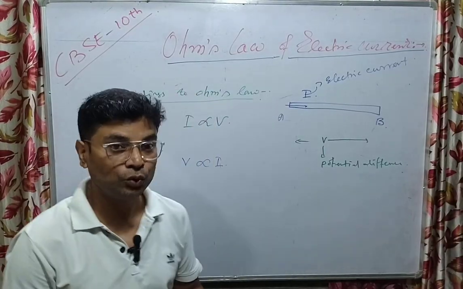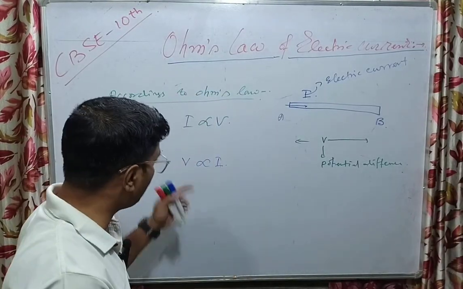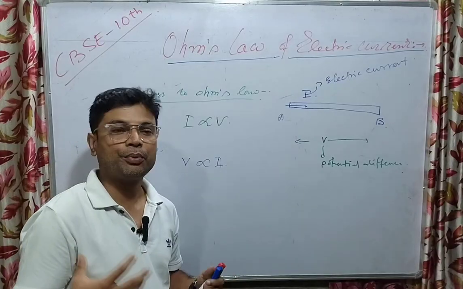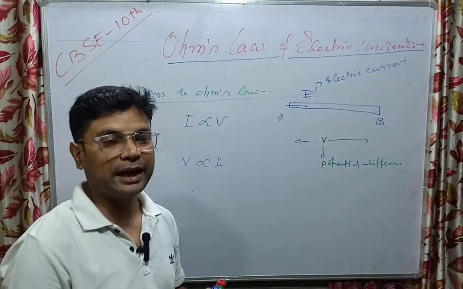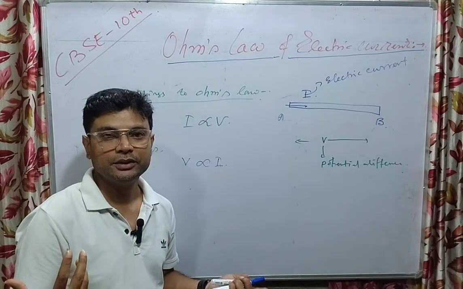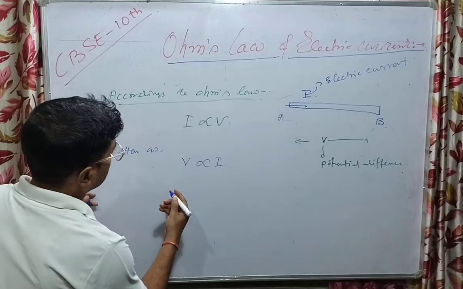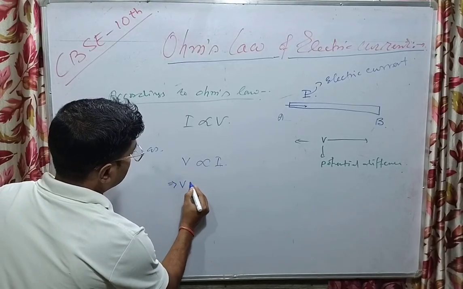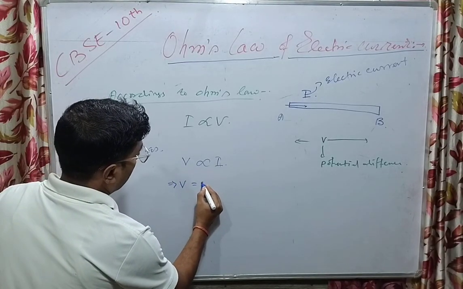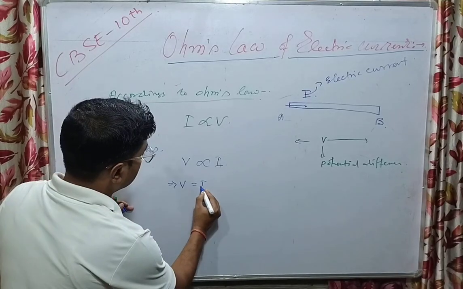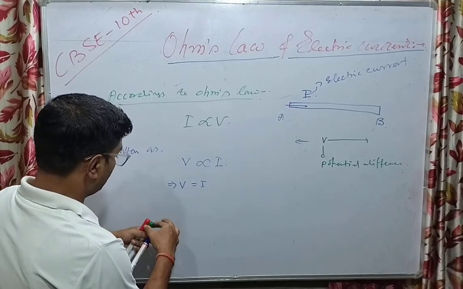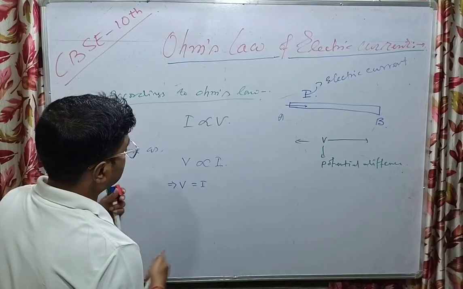To remove the proportionality symbol from an equation, we must have a proportionality constant. We all know that. So I am going to use a proportionality constant here. V is equal to I into R.